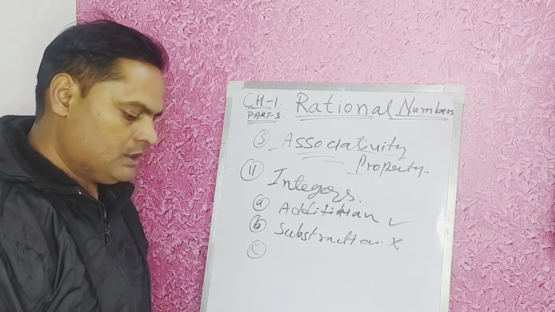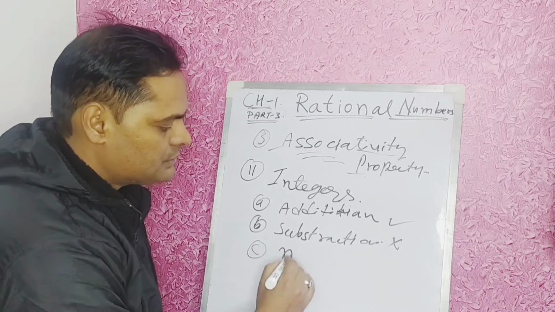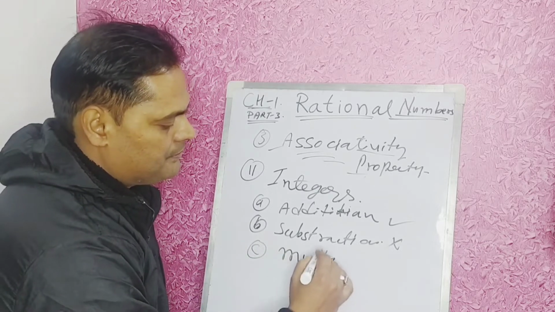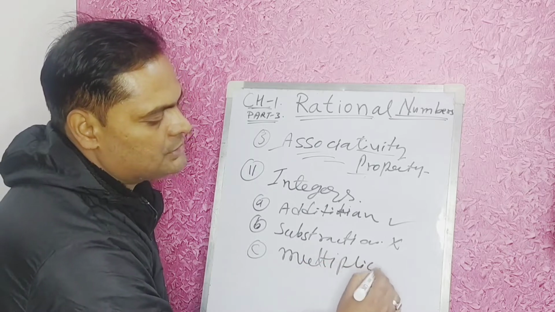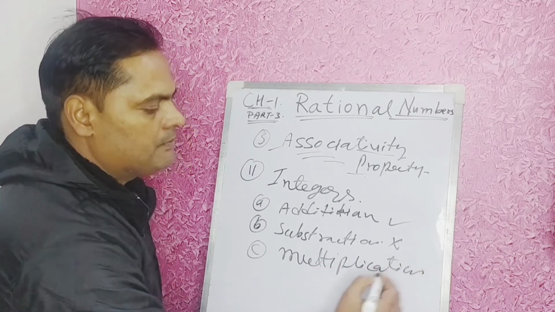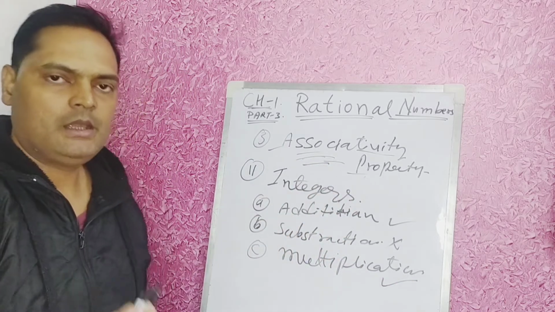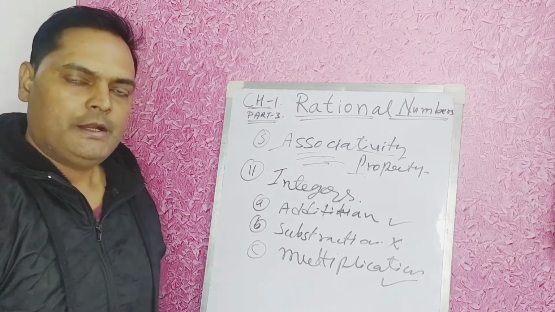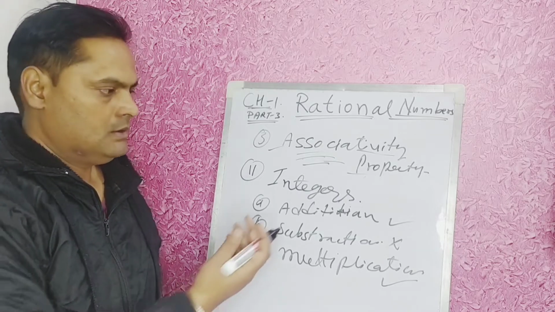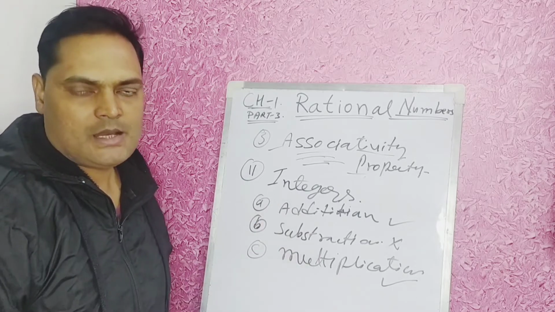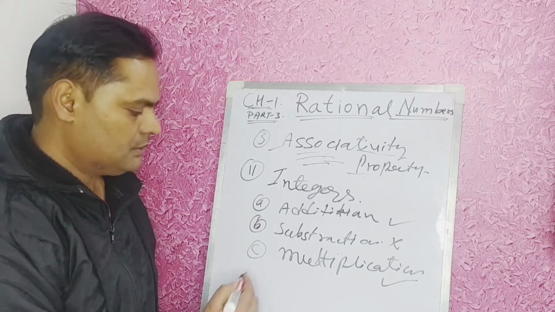Let's see the third one, that is multiplication. So this could also satisfy the associative property. You can take an example and try, and if it is not resolved, then you can ask me in the comment. Okay.